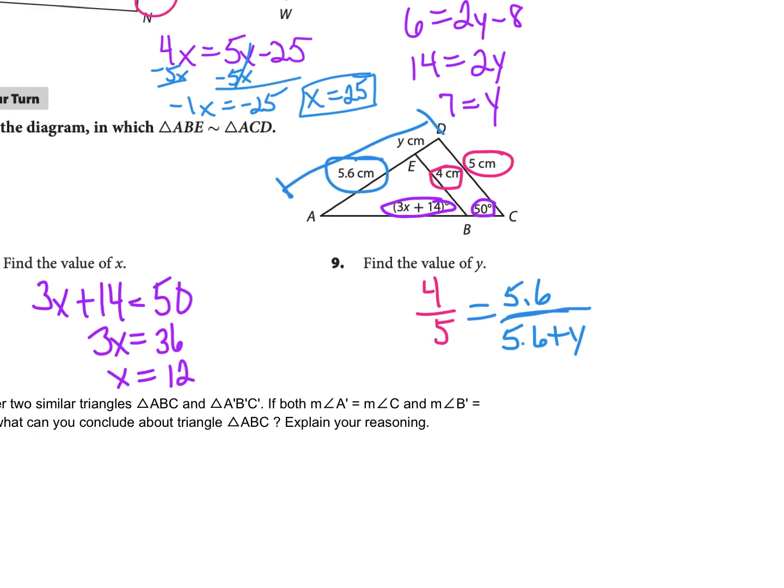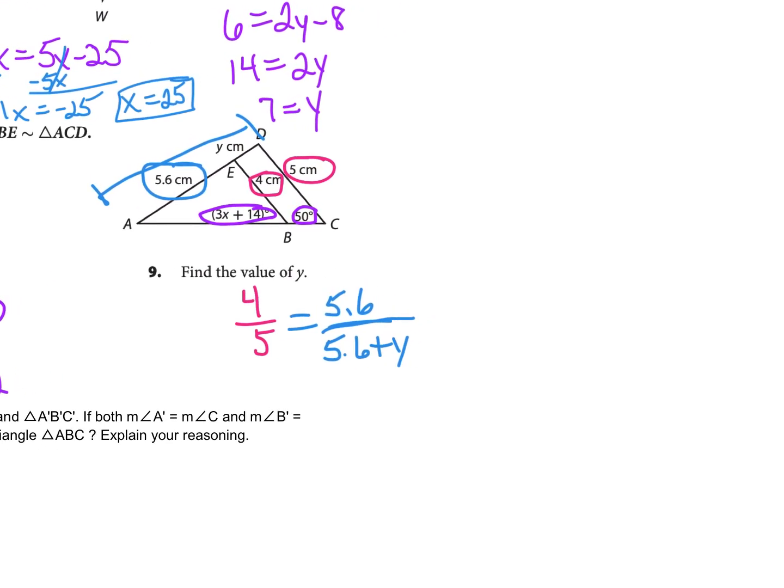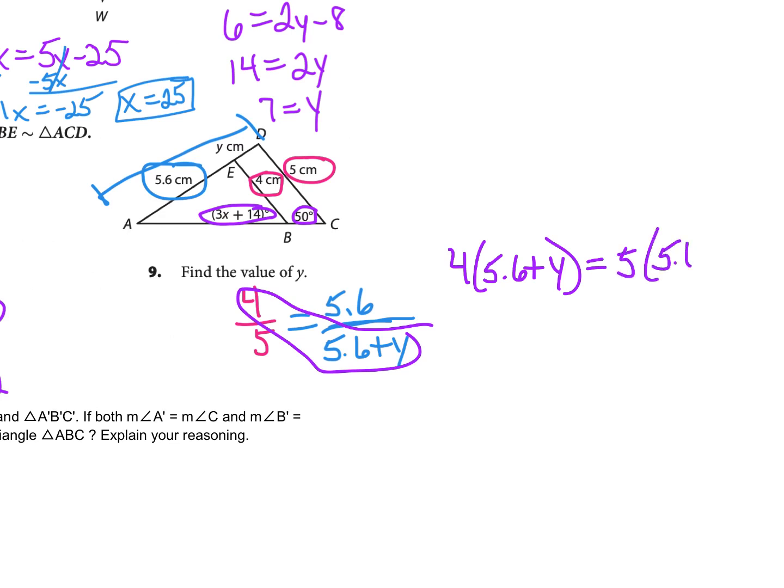So if I do my cross multiplication, I get 4 times (5.6 plus y) equals 5 times 5.6. Let's see, so 22.4 plus 4y equals 28.